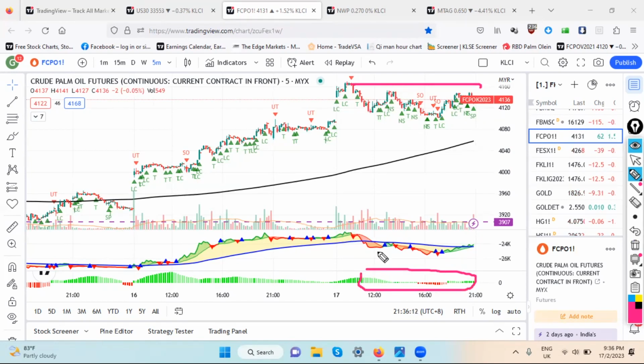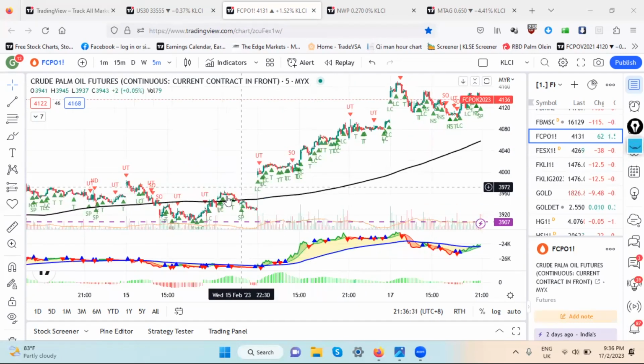Because it's still green but the ML line is still below, it's contradicting. This one goes long, this one goes short. That means the best now is don't trade. You trade only the clear and understandable ones. If the trade cannot be understood, it is very hard to predict.